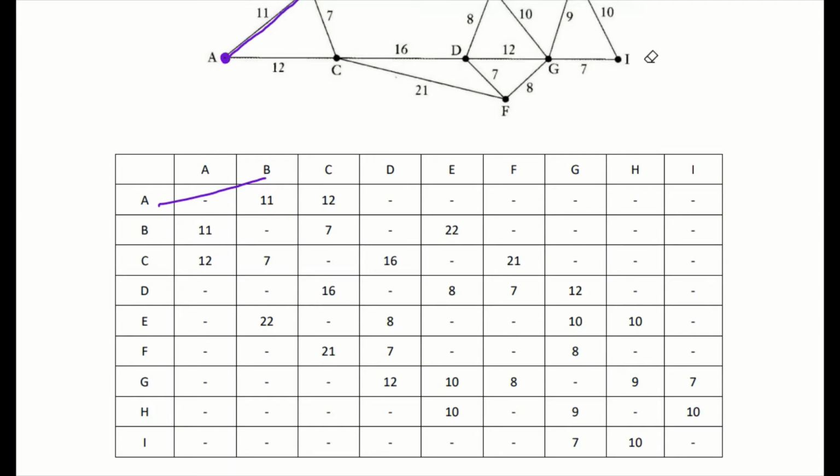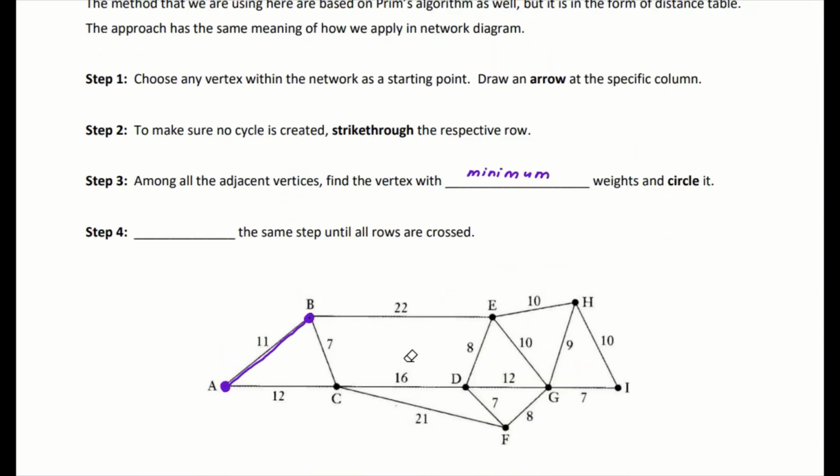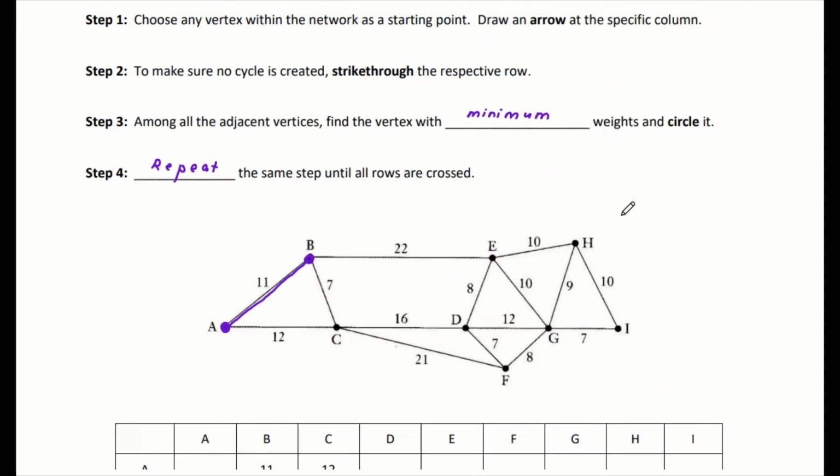So what we do is circle the one that we are choosing. So that's why circle. Then at the end, we repeat the 3 steps. So just remember the 3 bold words here. The first one, draw an arrow, strike through the respective row, then circle the one that gives you the minimum weight. Okay, so we'll start looking at the distance table now.